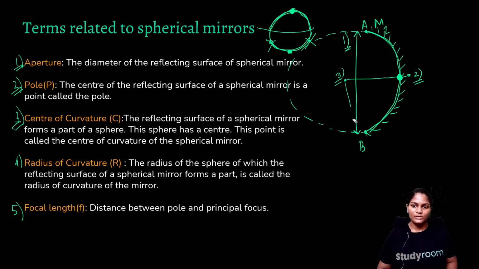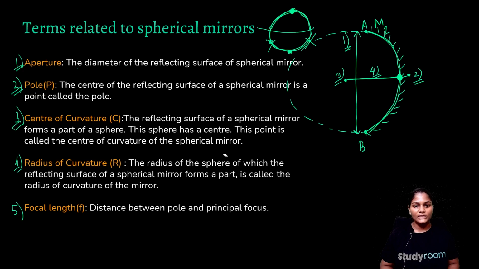You can draw this line also, any line that you want. Any radius of this whole sphere, wherever you want to draw the radius, this distance between the center of curvature and any point on this sphere is known as the radius of curvature, which is the fourth thing here.